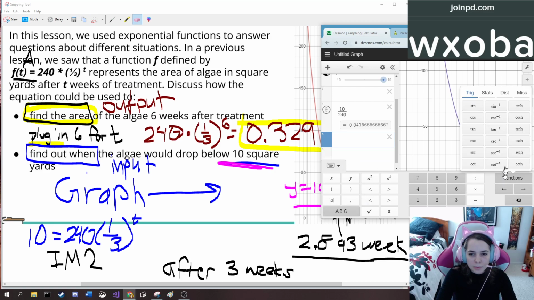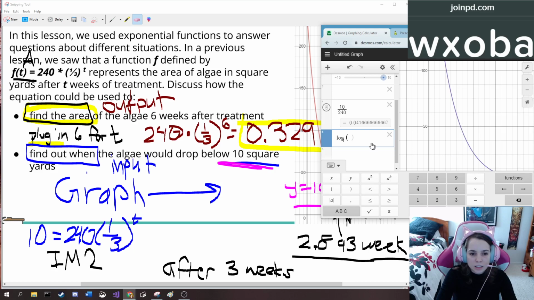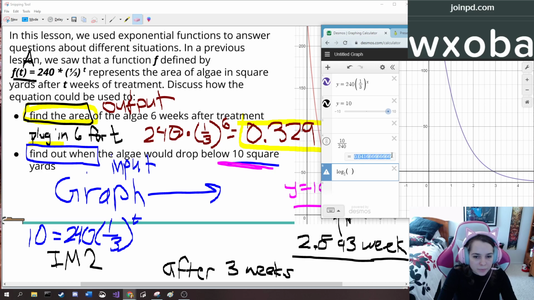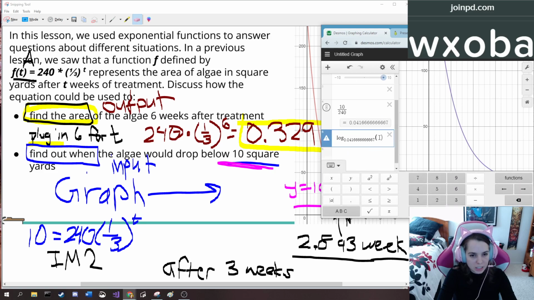But the logarithm method is not going to be used until Integrated 2 or 3. So just keep that in mind.